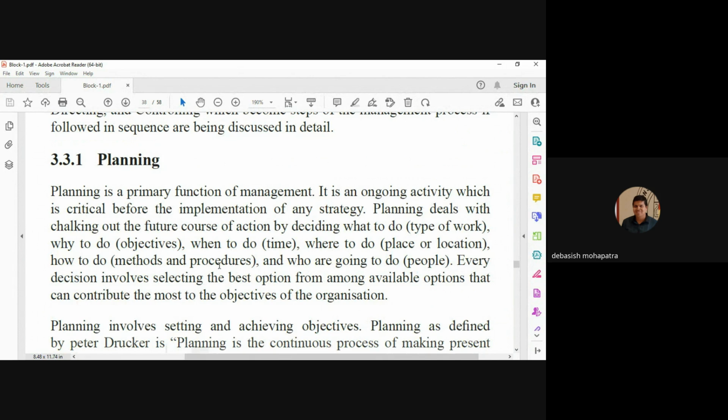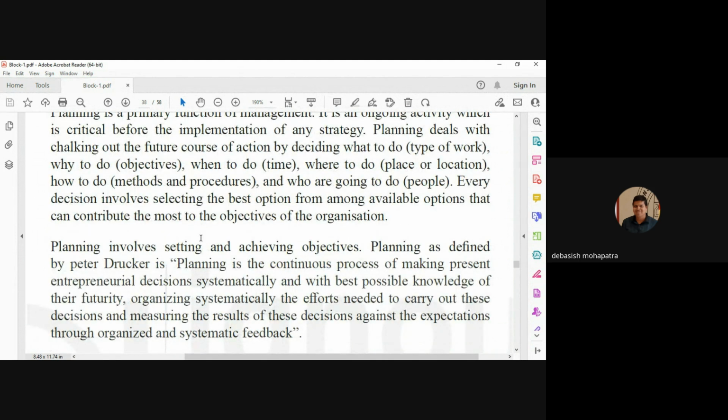So planning deals with deciding what type of work to do, why to do, when to do, where to do, how to do, and who is going to do. So all these come under planning. We have to plan all these things so that our work gets done properly.